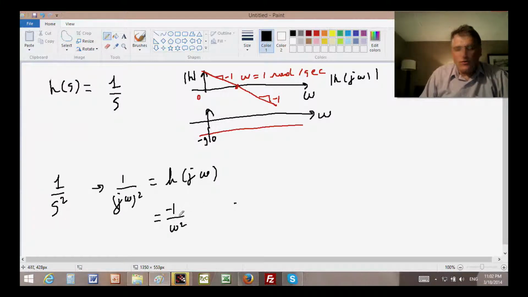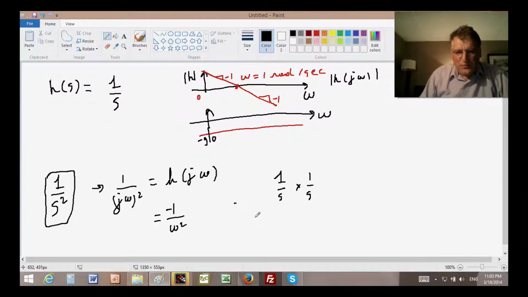But we could go about plotting this differently. We can go about saying the following. 1 over S squared is really 1 over S times 1 over S. And so what does that do?